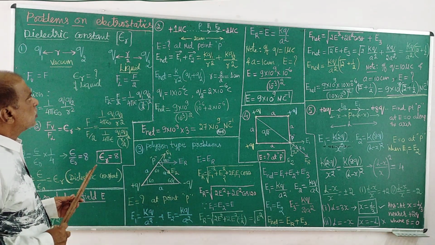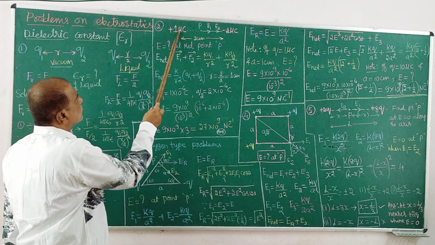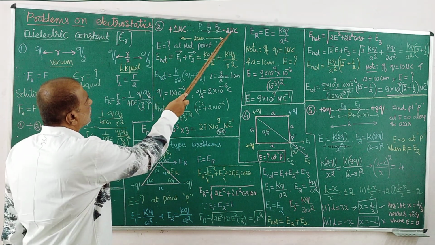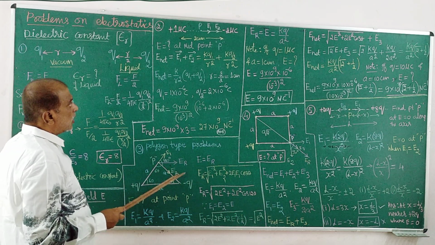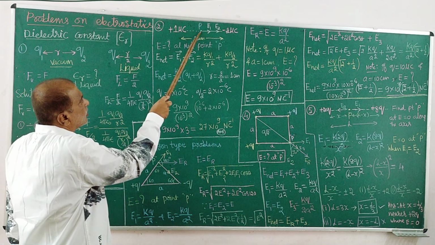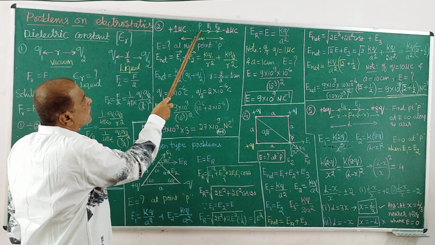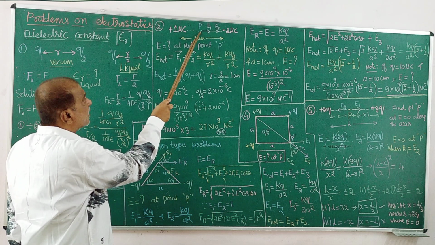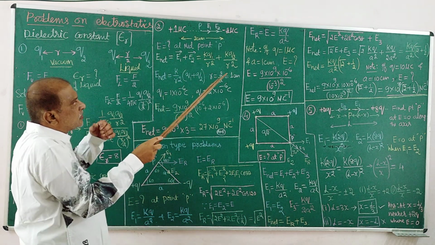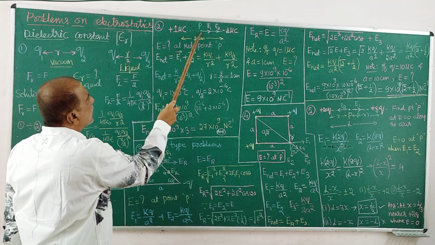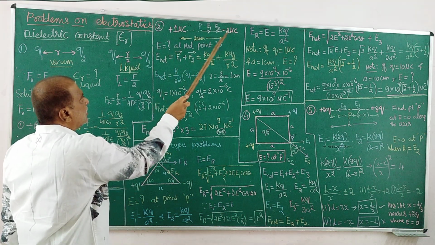Now there are two charges in the space, plus and minus, and the point here. At this point we are calculating the electric field due to these charges. This is a geometry of arrangement, the point and the charges in a linear fashion.